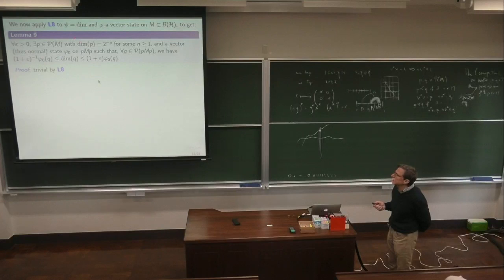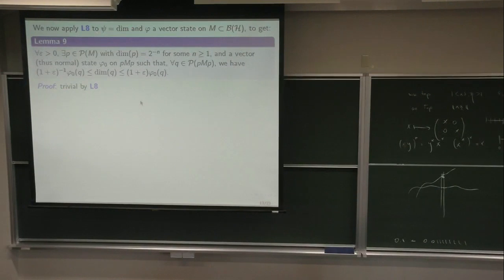The Radon-Nikodym trick, the Radon-Nikodym lemma, applied to one function being the dimension function, psi, and phi being a vector state on M. So I'm representing M on a Hilbert space, only now we are doing that. I'm taking phi to be that one. So I'm squeezing psi between some inflation or deflation of phi.